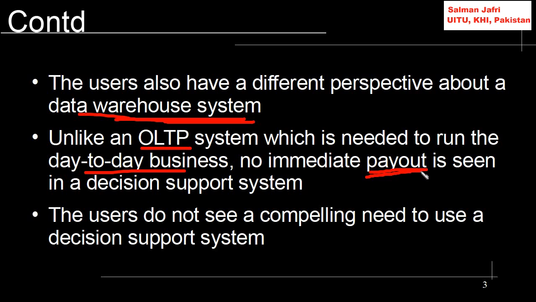So users often find it hard to convince themselves why they should use a decision support system, also known as a data warehouse system. So by these two factors, the users do not see a compelling need to use a decision support system, and that is one of the prime obstacles, we might say, in the use of a data warehouse system.